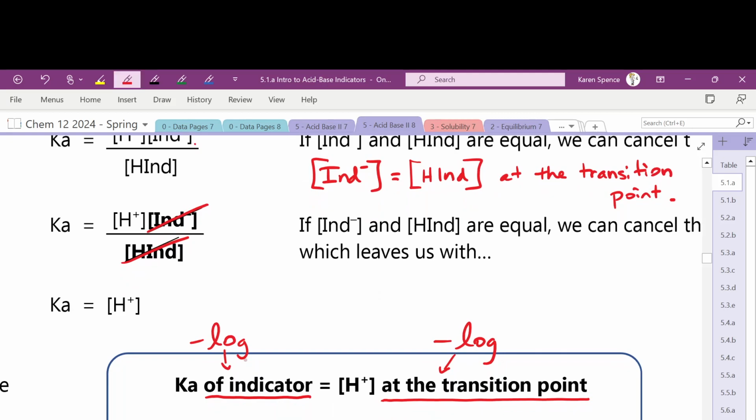And what do I get if I take negative log of Ka? pKa. So pKa of the indicator is equal to the pH at the transition point. Now, at some point, I'm going to get really tired of writing transition point. So we're going to start abbreviating it as TP.